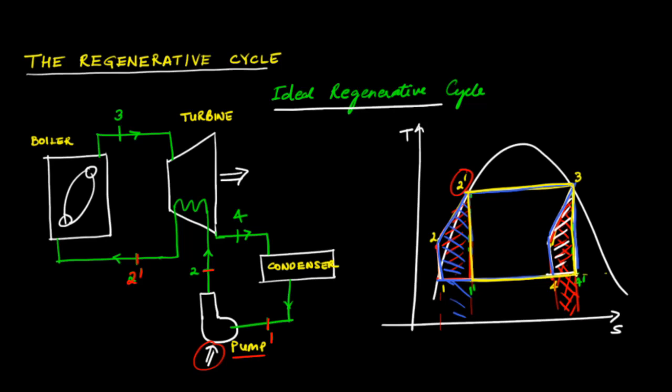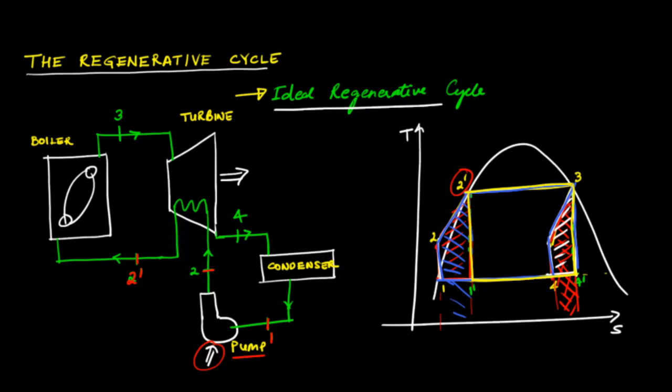That is, the work output of this ideal regenerative cycle is exactly equal to that of the Carnot cycle, and the heat that is added during the step 2' to 3 in the boiler is also same as that for the Carnot cycle. Therefore, the efficiency of this ideal regenerative cycle is exactly same as that of the Carnot cycle.